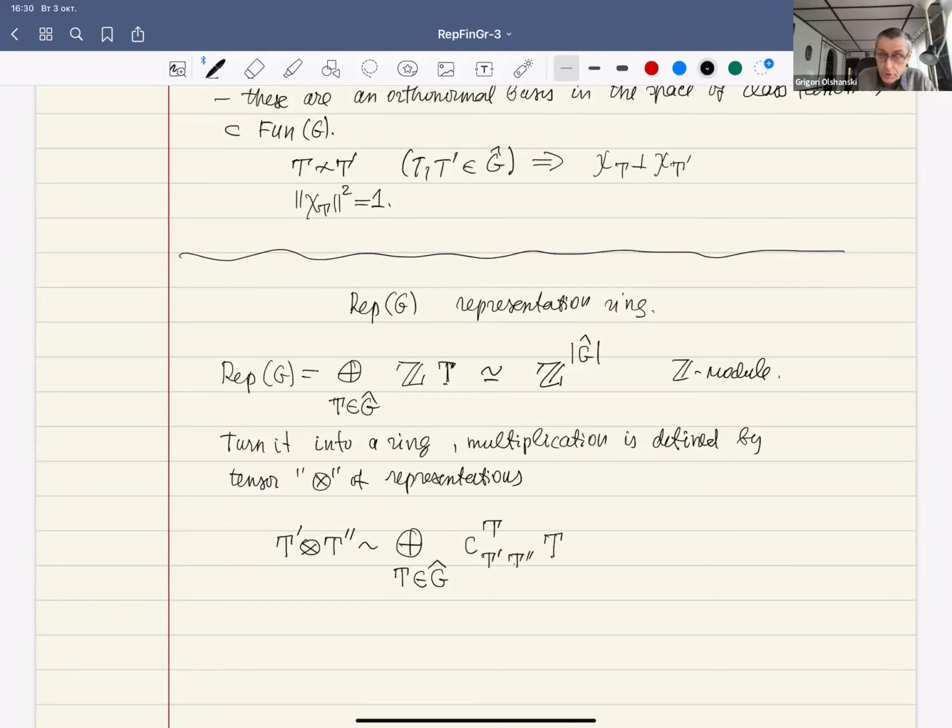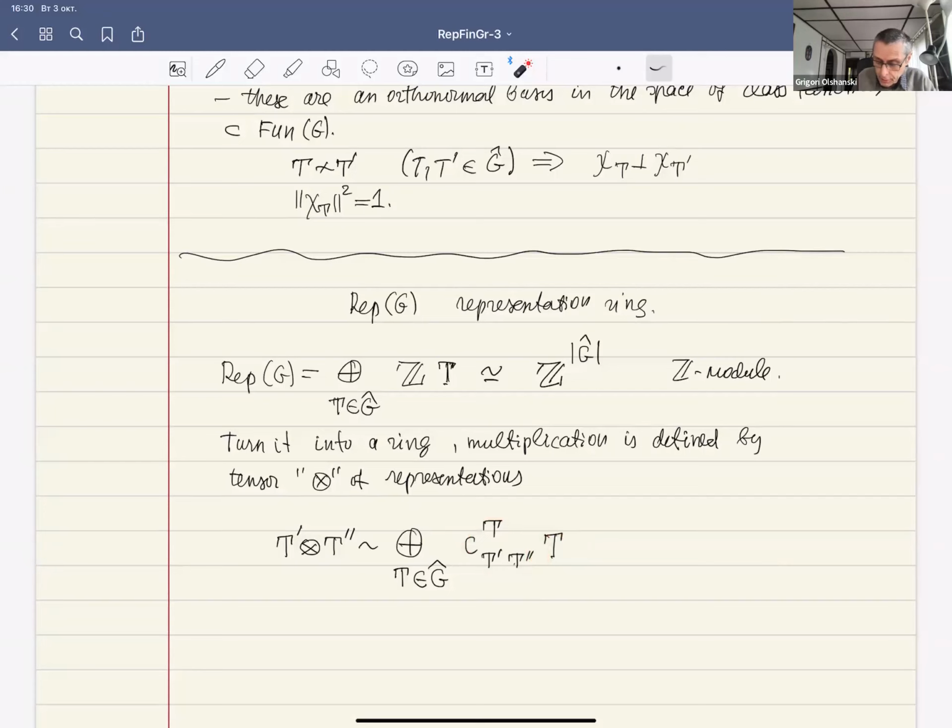So what I write here is just the decomposition of this representation into a direct sum of irreducibles with certain multiplicities.